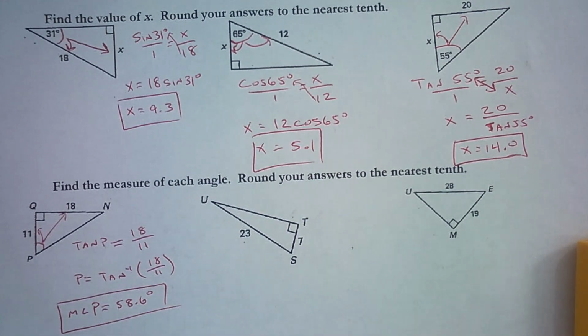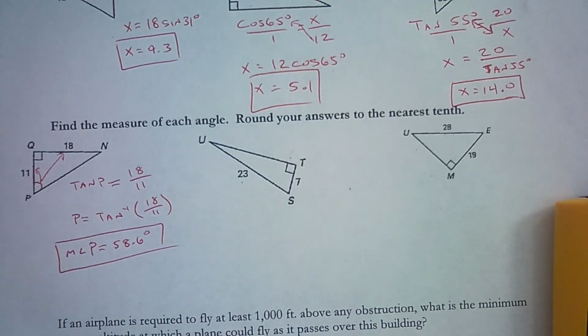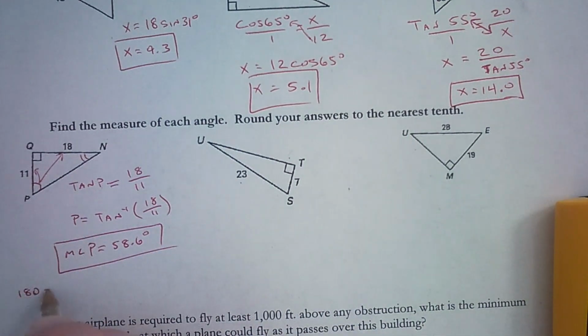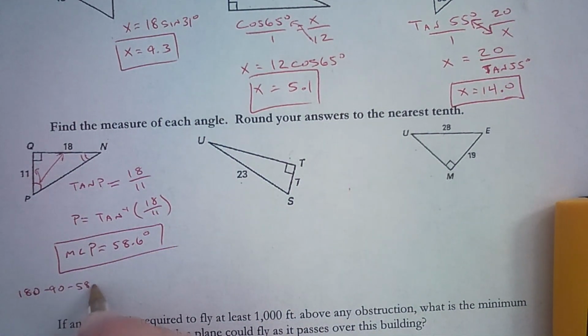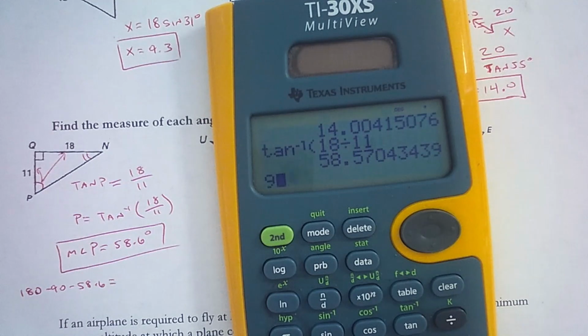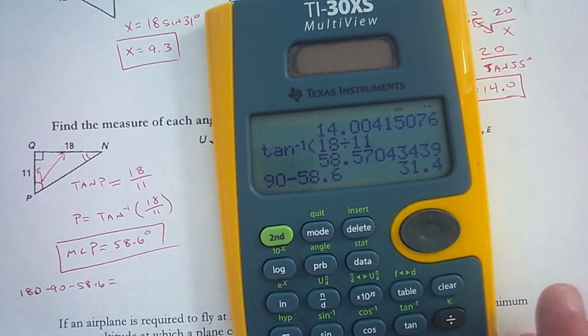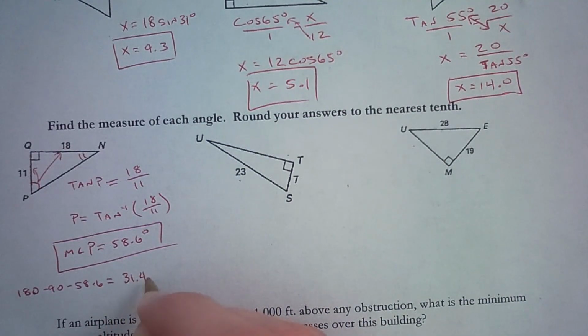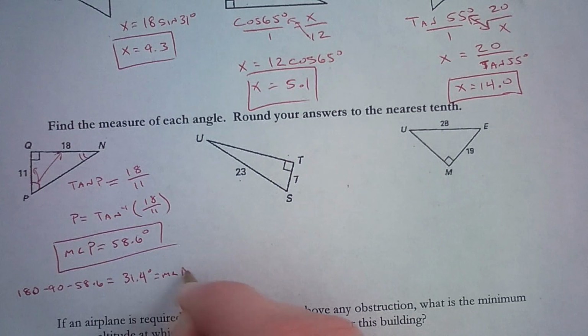Now we can easily get that last angle, N, by doing 180 minus 90 minus 58.6. Now 180 minus 90 is 90, so we can take a shortcut here and just do 90 minus 58.6, and we get 31.4 degrees. So 31.4 degrees is the measure of angle N.